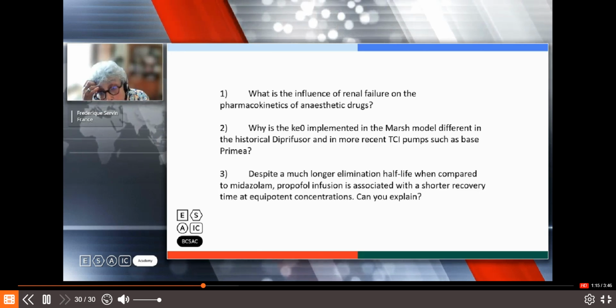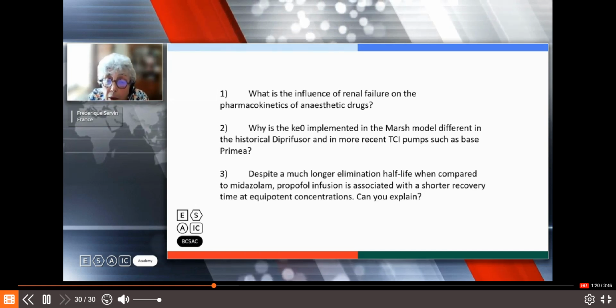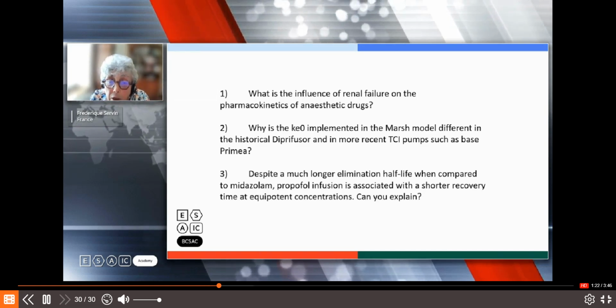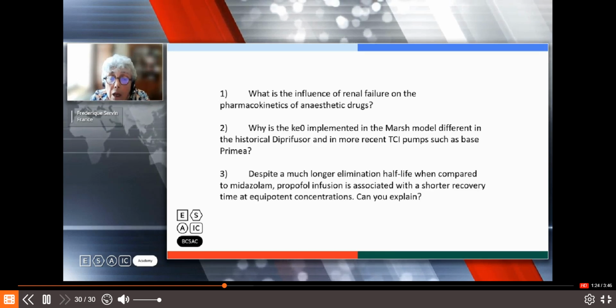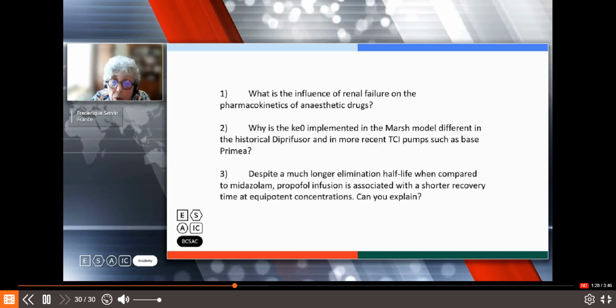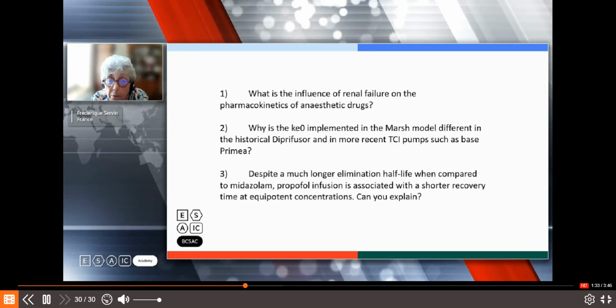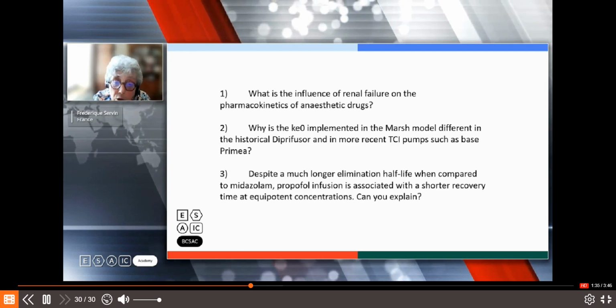When the Marsh model was designed and the first propofol pump put on the market at the end of the 1980s, there was no ke0, and the concept of PK/PD relationship was not completely understood.